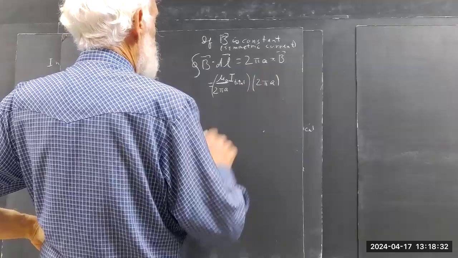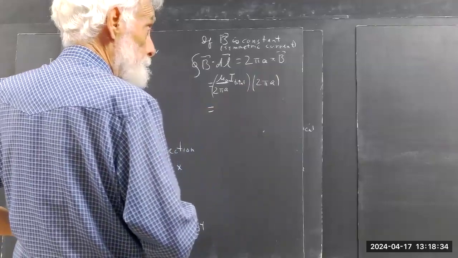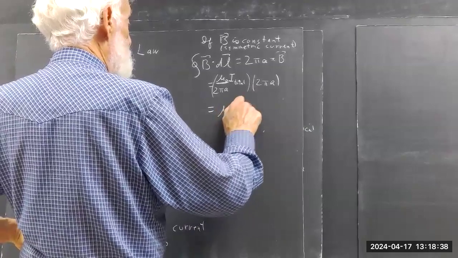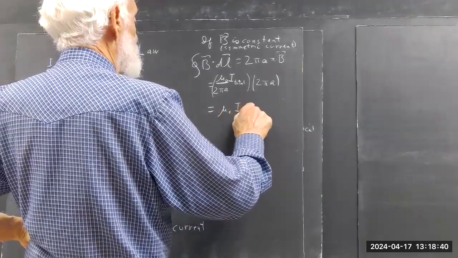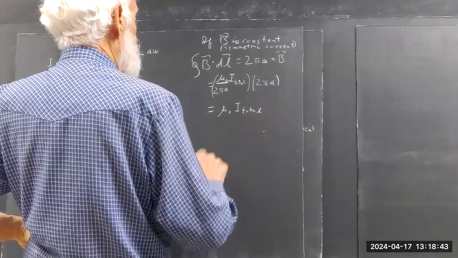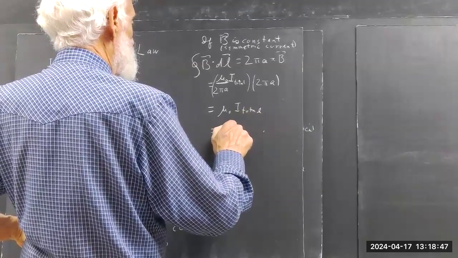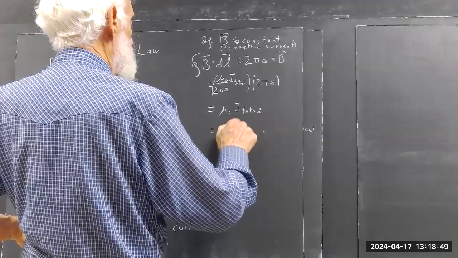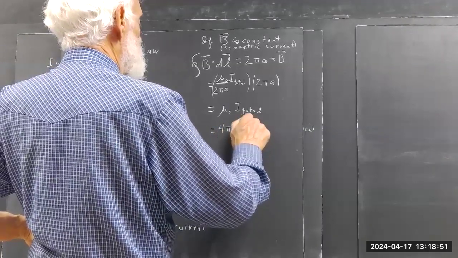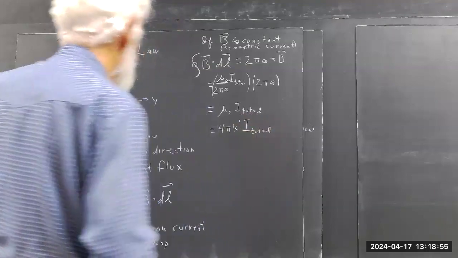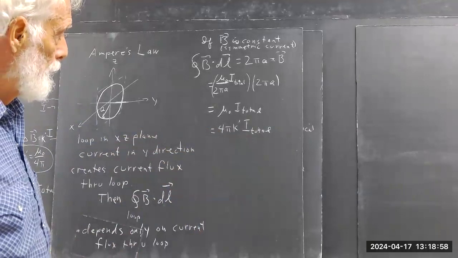And of course, that's multiplied by 2 pi a. So it turns out it's just equal to mu naught times I total.